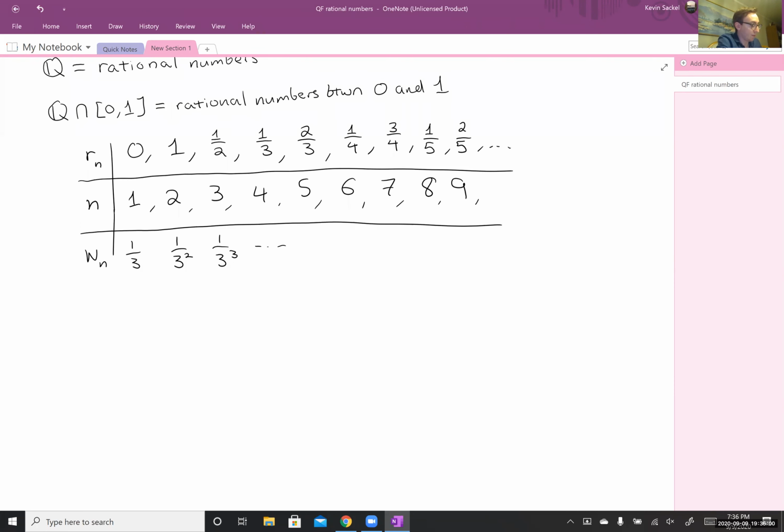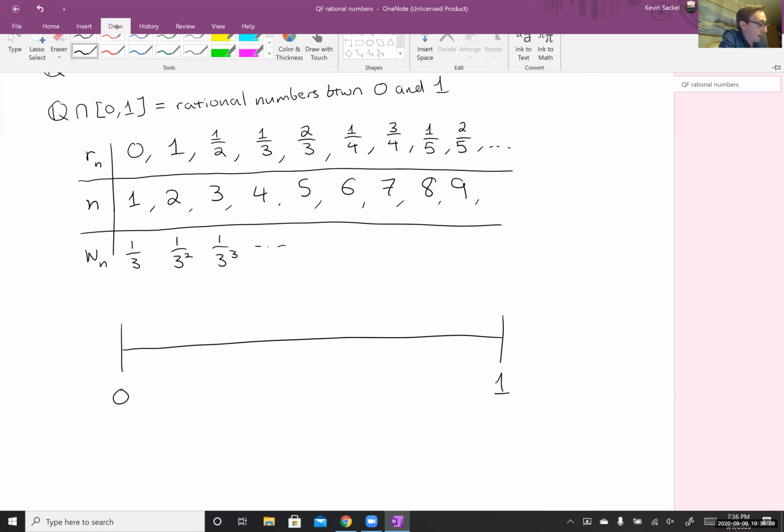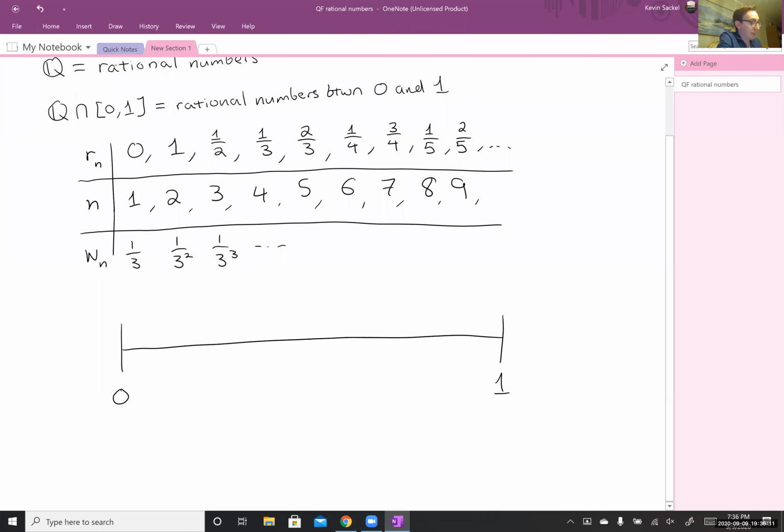Look at the interval from 0 to 1. So I'm just going to draw, there's my interval from 0 to 1. And what I want to do is think about these numbers. So here's the first one, 0. And what I do is I erase the interval between 0 and 1/3. So I look at the interval which has total width 2/3, really, but centered at 0.